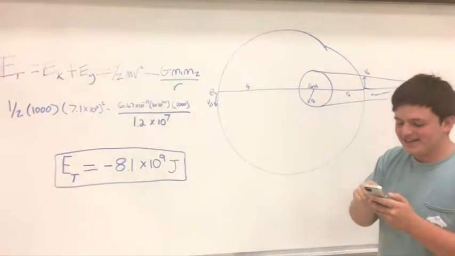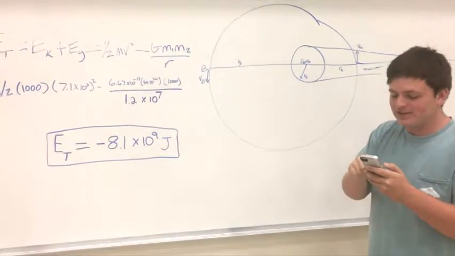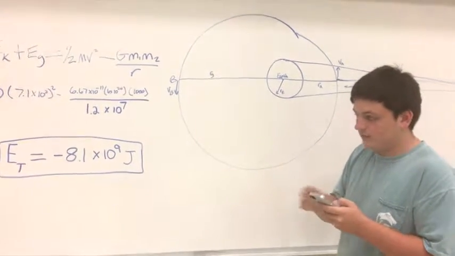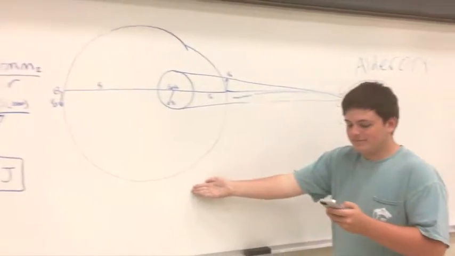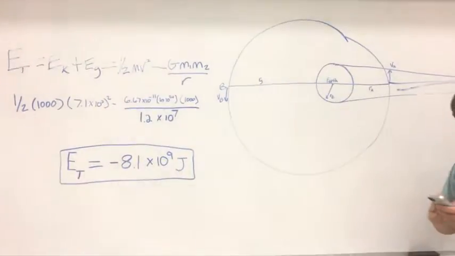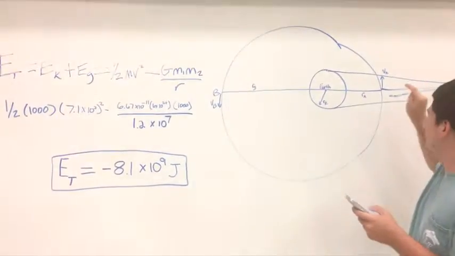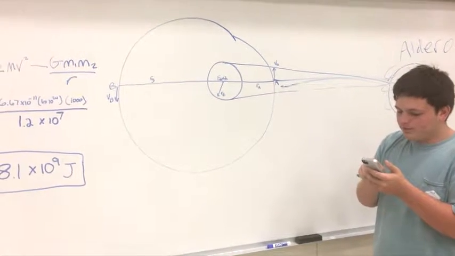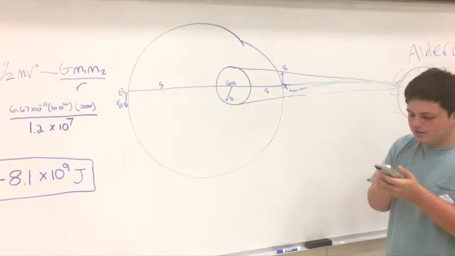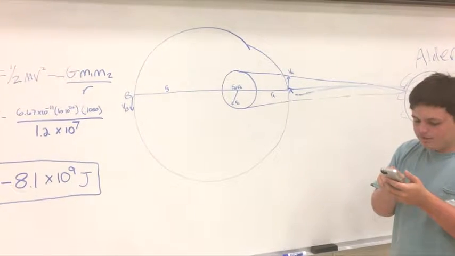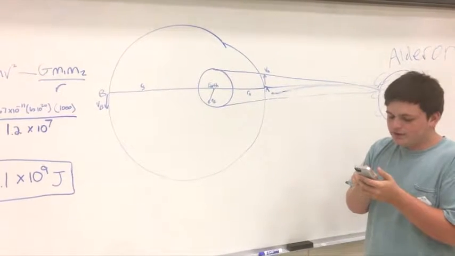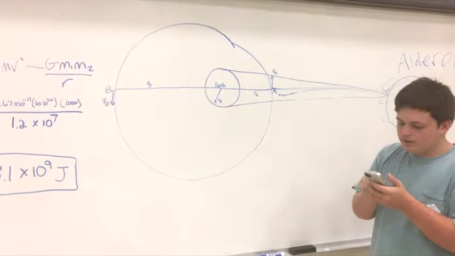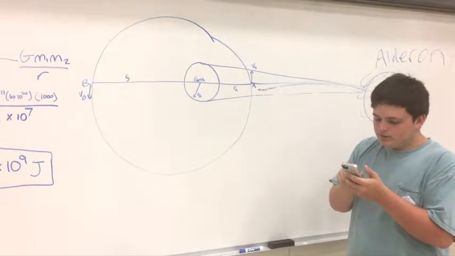The problem says, a spacecraft of mass 1,000 kilograms is in an elliptical orbit around the Earth, as shown above. At point A, the spacecraft is at a distance RA equals 1.2 times 10 to the 7th meters from the center of the Earth, and its velocity of magnitude VA equals 7.1 times 10 to the 3rd meters per second is perpendicular to the line connecting the center of the Earth to the spacecraft.